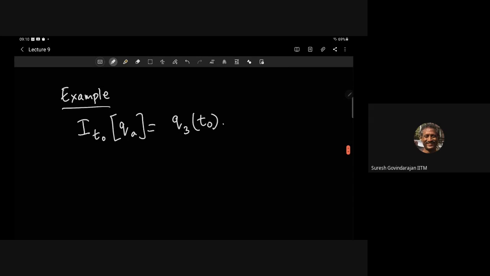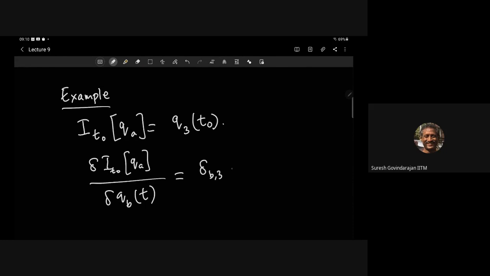Then delta I of t naught, to work this out, will be delta b3, Kronecker delta.